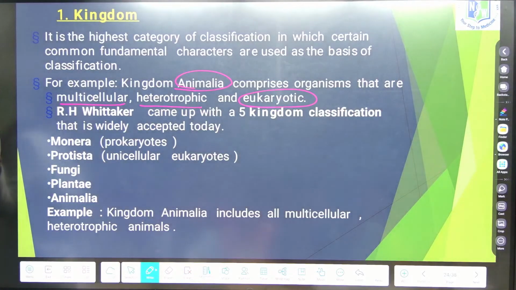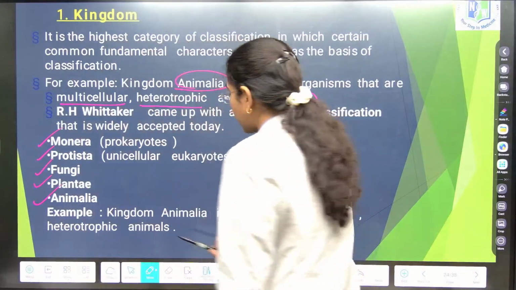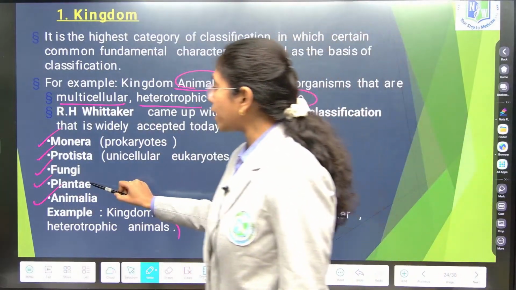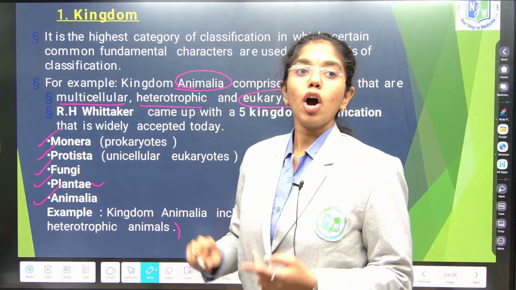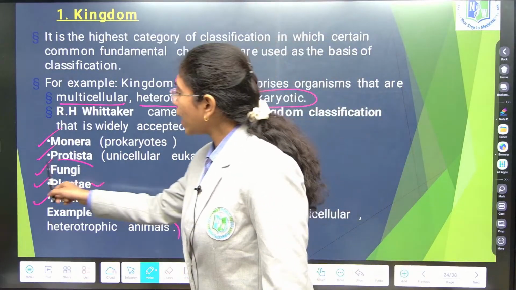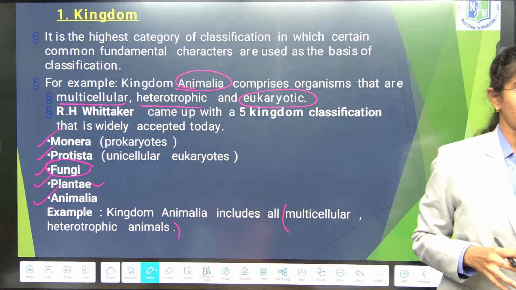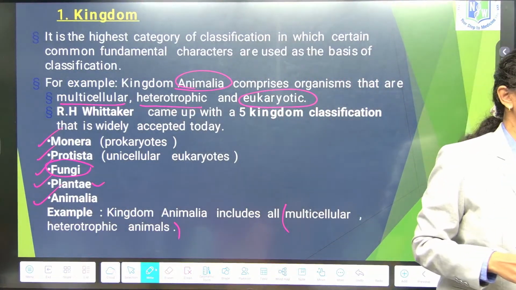This is proposed by whom? R.H. Whittaker. And the other kingdoms which are also accepted today include Monera, Protista, Fungi, Plantae and Animalia. Kingdom Animalia includes this set of organisms. Kingdom Plantae includes multicellular, autotrophic, eukaryotic organisms. Fungi includes multicellular organisms with organ level of organization, purely heterotrophic.